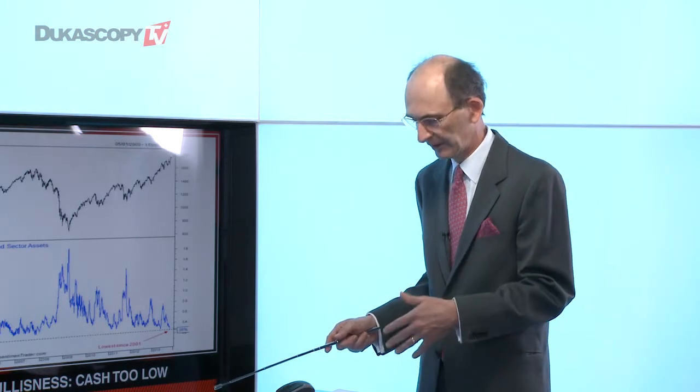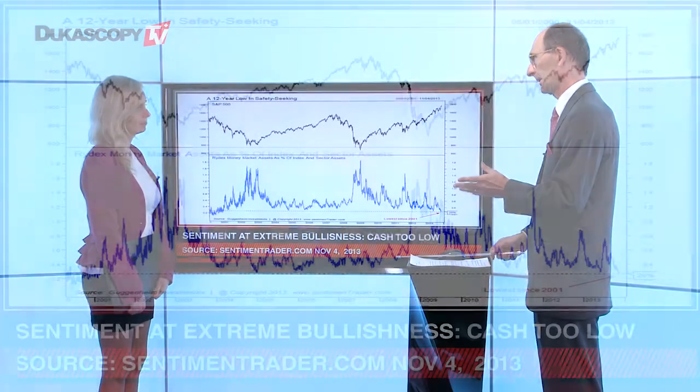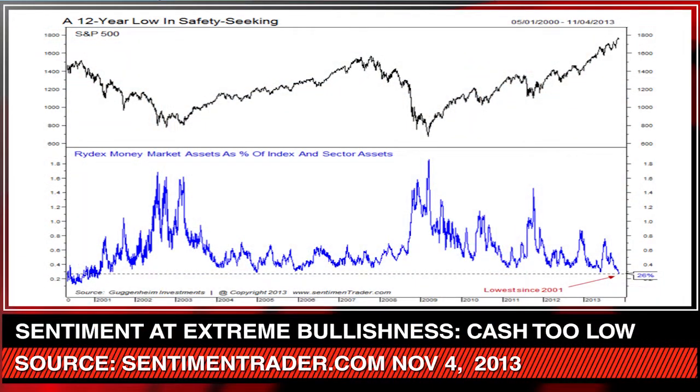Sentiment and position. The first chart that we have, since 2001, is a partial view on position. It is in one family of funds, the amount of money which goes into cash compared to the money invested in equity and sector funds.